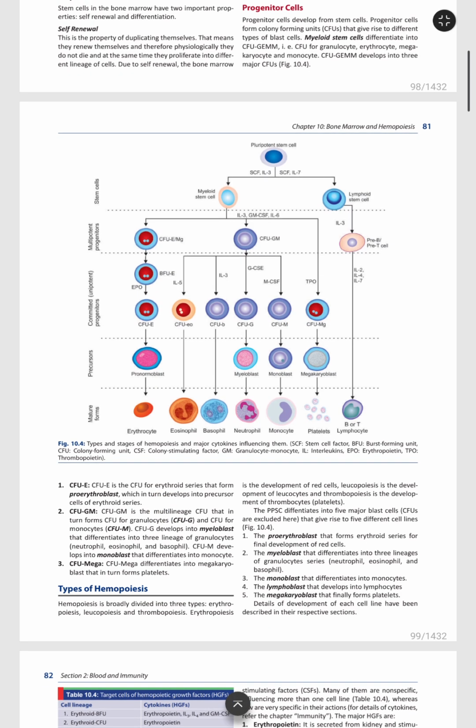Then CFU-MG, megakaryoblast. The precursor is always the blast type, and then the cyte, and then the cell. So myeloblast, monoblast, megakaryoblast and pronormoblast.